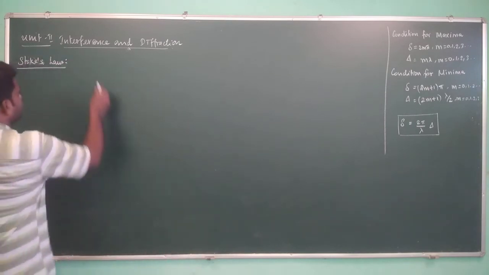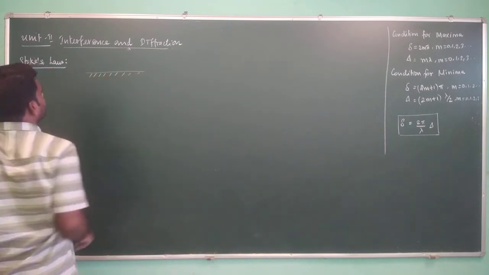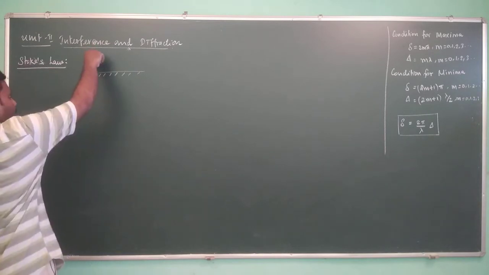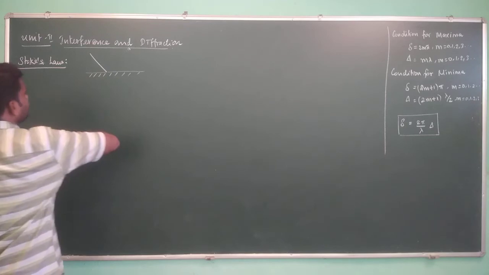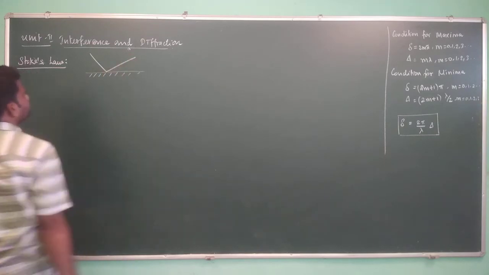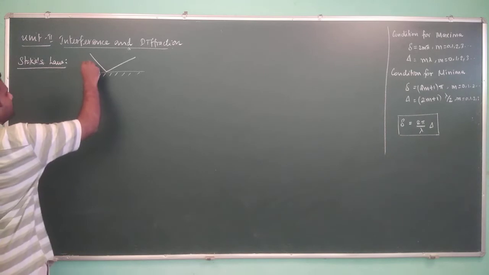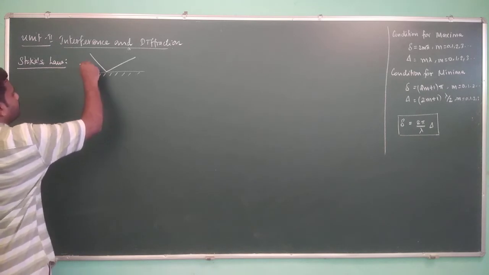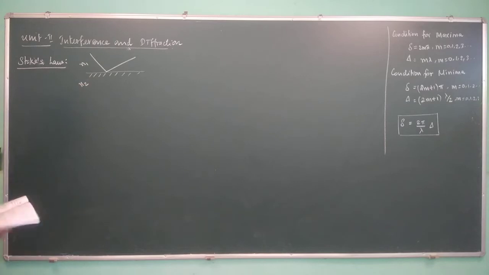Let us consider there is a surface. A light ray travels from one medium, hits another medium, and is reflected back. Assume that this medium has the refractive index n1, and this medium has the refractive index n2.